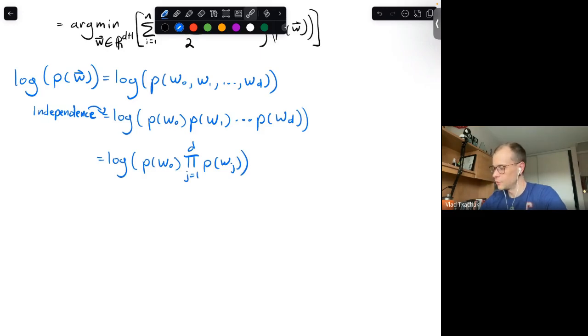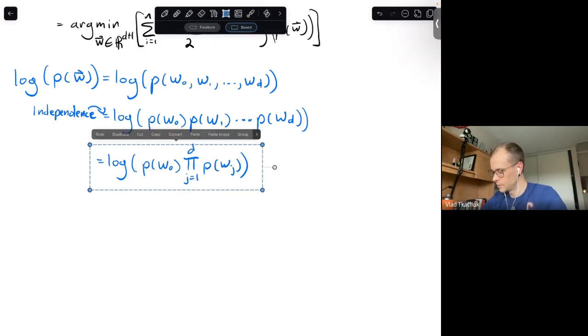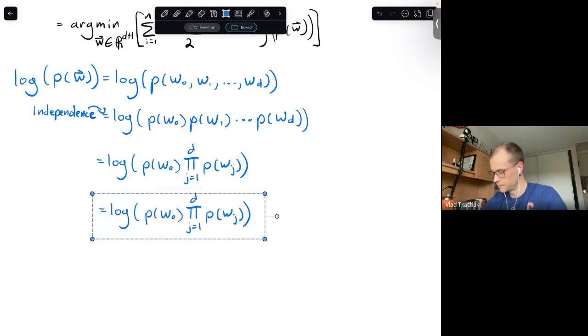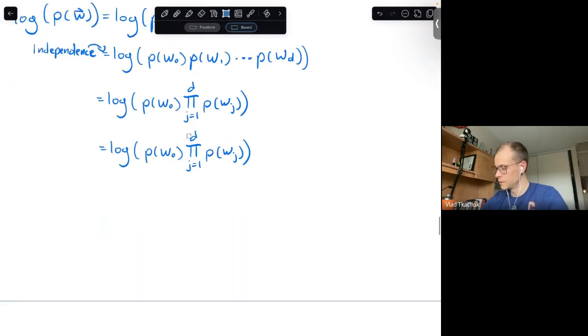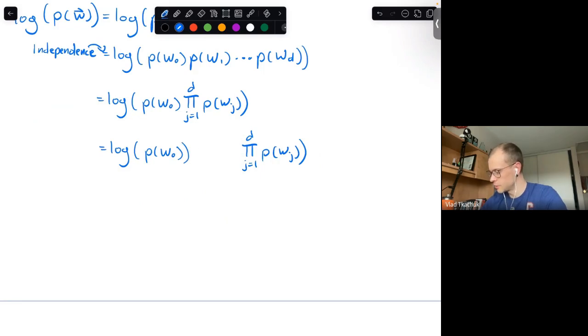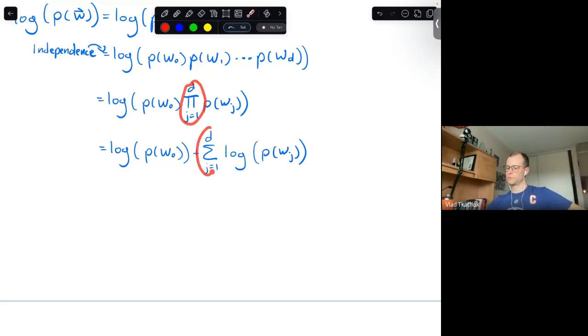Now I use the log property that the log of a product is the sum of logs. So this is the first term in the sum. The second term is a sum of logs from j equals 1 to d of these log terms. Product becomes sum, and the first term is handled separately.